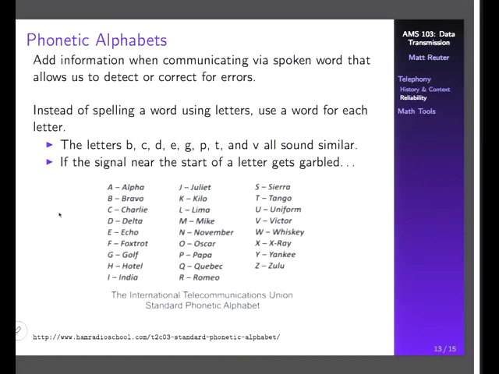And this is exactly that idea of, let's add redundancy to our data. So we could say Whiskey Tango Foxtrot, or we could say WTF, but it's possible that would get garbled, because does T sound like other letters in the alphabet? If we knew they were just letters, does T sound like B, or D, or C, or E, or G, or V, or P?